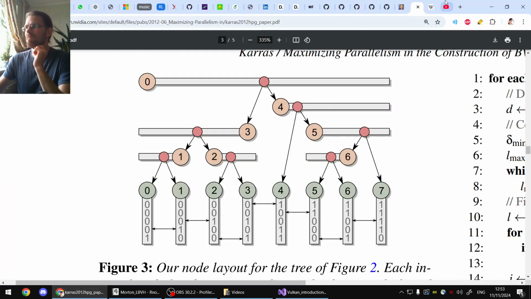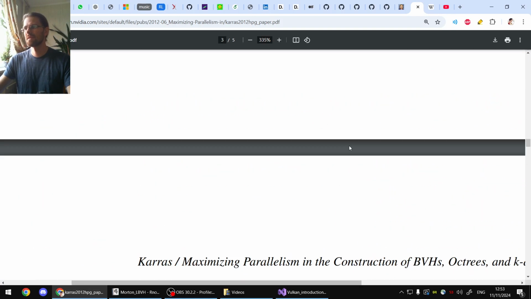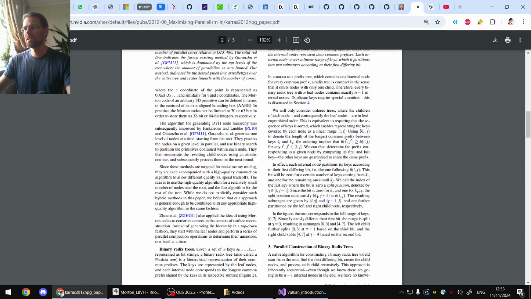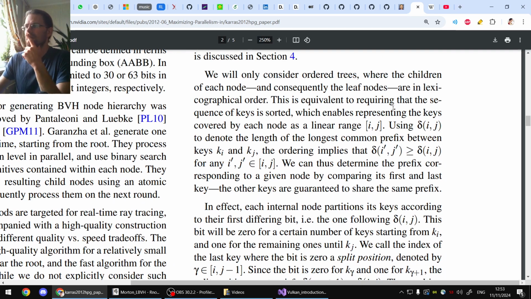Maybe I will just show you in the publication. So this part. Delta ij shows that all this range shares at least this big common head.